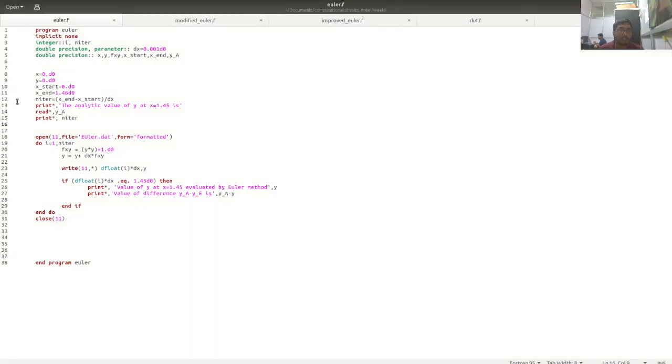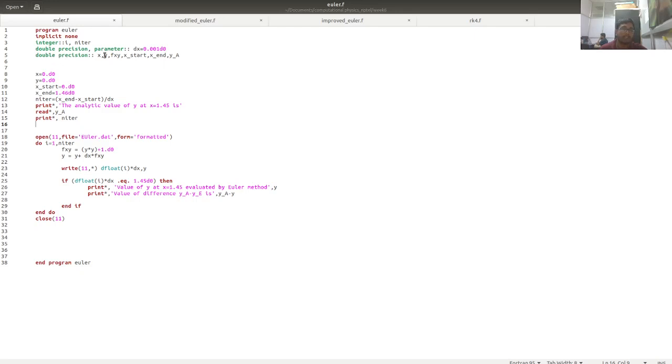Here you can see I have written a program for the Euler method. As usual I am calling implicit none, and then I am giving the types of the values: i and the number of iterations, nitre, have to be integers. I am defining a parameter dx as per the question to be 0.001, and I have defined the other variables to be double precision, with the initial condition x equals 0 and y equals 0 at x equals 0.